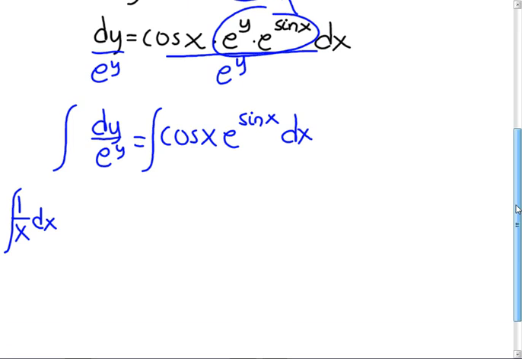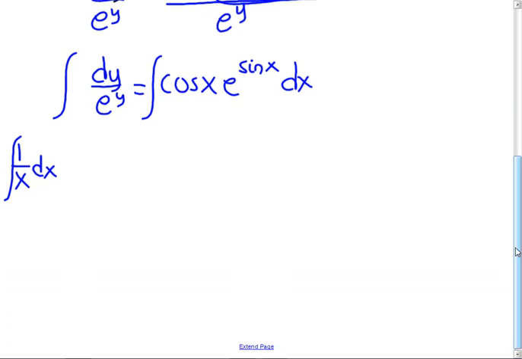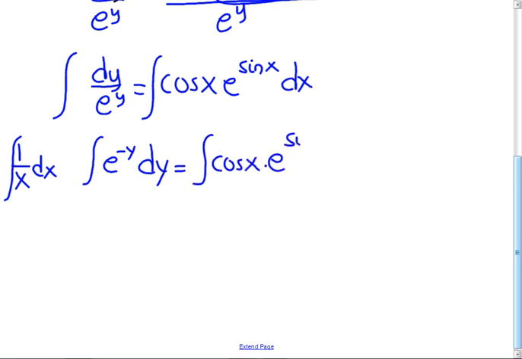So I might have to do a u substitution on this. I'm hoping, well, if you practice, I think you could do it without the u substitution. I don't like that e in the denominator, so let's put it in the numerator. So it's e to the minus y dy equals cosine of x times e to the sine of x.